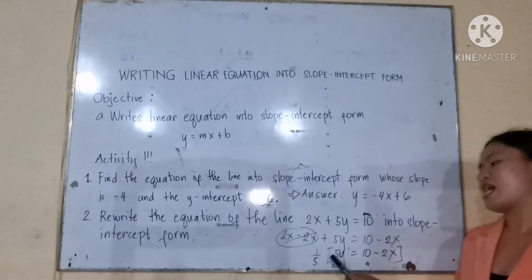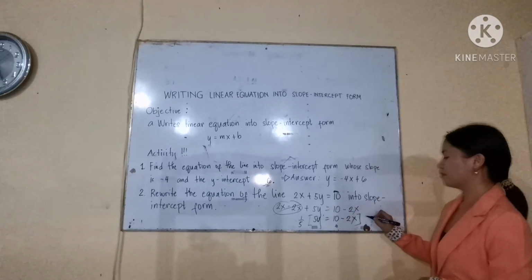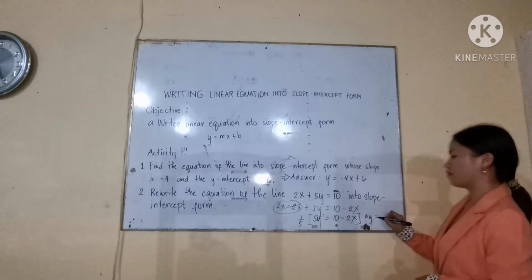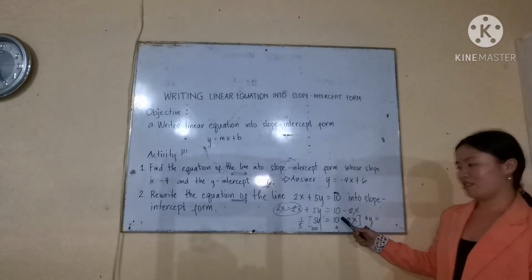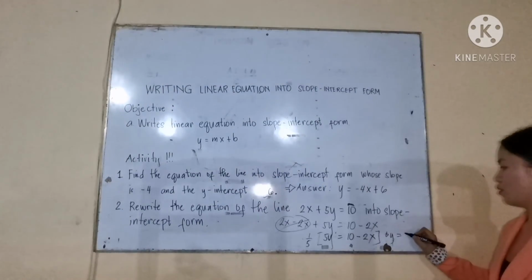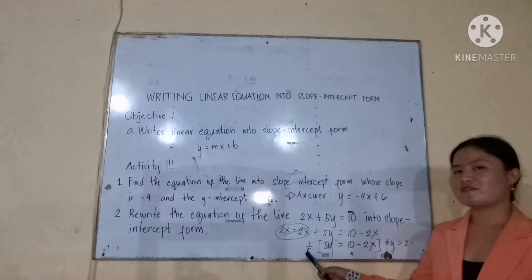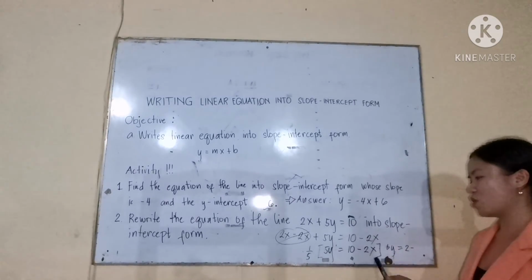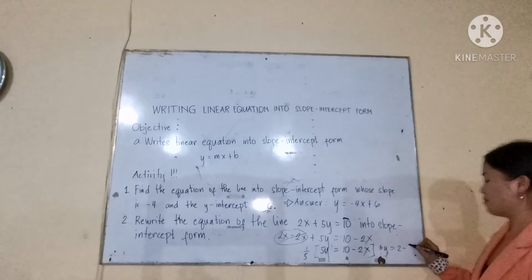So 1/5 times 5y equals y. 1/5 times 10 equals 10 divided by 5 equals 2. Minus 1/5 times negative 2x, negative 2/5 x.